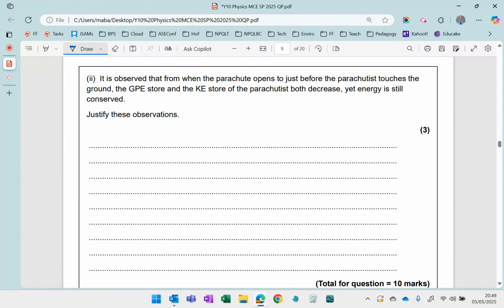It's observed that when the parachute opens until just before the parachutist touches the ground, the GPE store and the KE store both decrease, yet energy is conserved. Well, hopefully it's fairly obvious why the GPE store decreases, because if you look at the formula for GPE, it's mg delta h. This is the height above the ground, so if this number is decreasing, then the GPE store must also be decreasing.